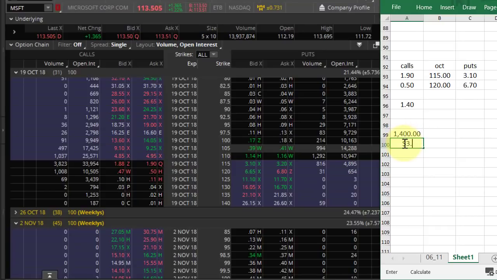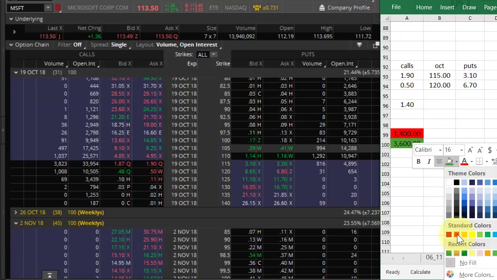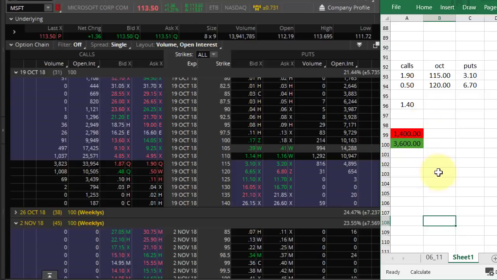So the most that you can make on this position is $3,600, and your risk to do this debit spread is $1,400. Now the seller is taking in $1,400 of credit, but their risk is $3,600.